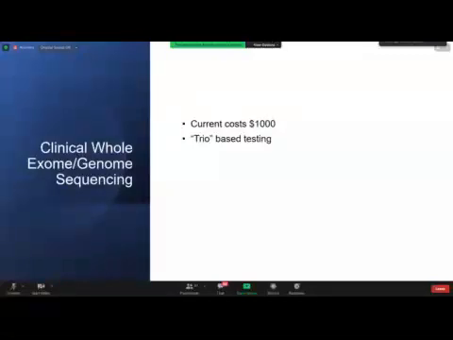setting, in that quality. So we do trio based testing. If we don't understand, we take both parents and the child, because then it gives us not only the inherited variants but also the de novo mutations.